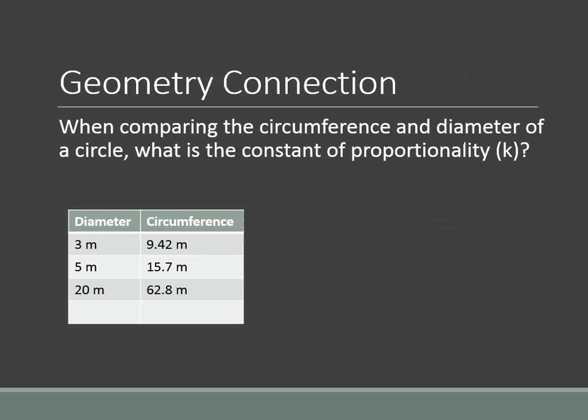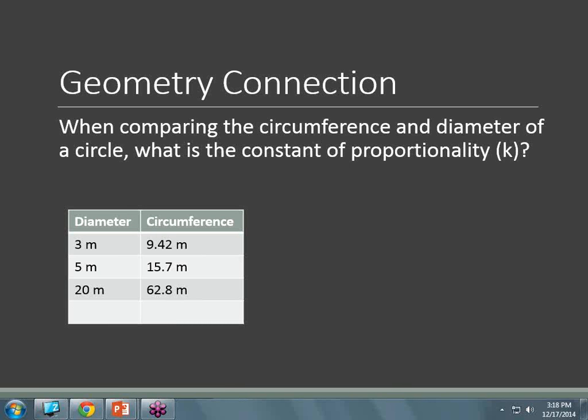Okay, so let's take it from that very abstract idea and now look at a geometry connection. Here's a very familiar application of the constant of proportionality. The question I'm asking is, when comparing the circumference and diameter of a circle, what is the constant of proportionality?